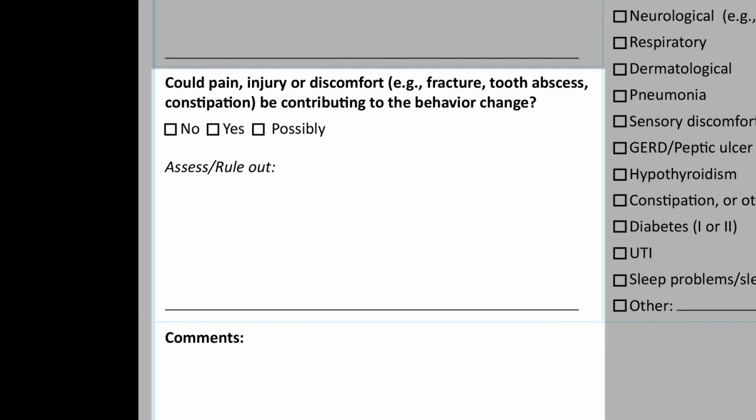There are some specifics listed here, things like a fracture, tooth abscess, constipation. Constipation's extremely common. A fracture is easily missed because in a person who can't easily identify where the pain is, you may end up having to, first of all, have a low threshold, and then secondly, x-ray more if you're suspicious of a fracture than you would when you could do an examination and be pretty sure of where that fracture might have occurred.